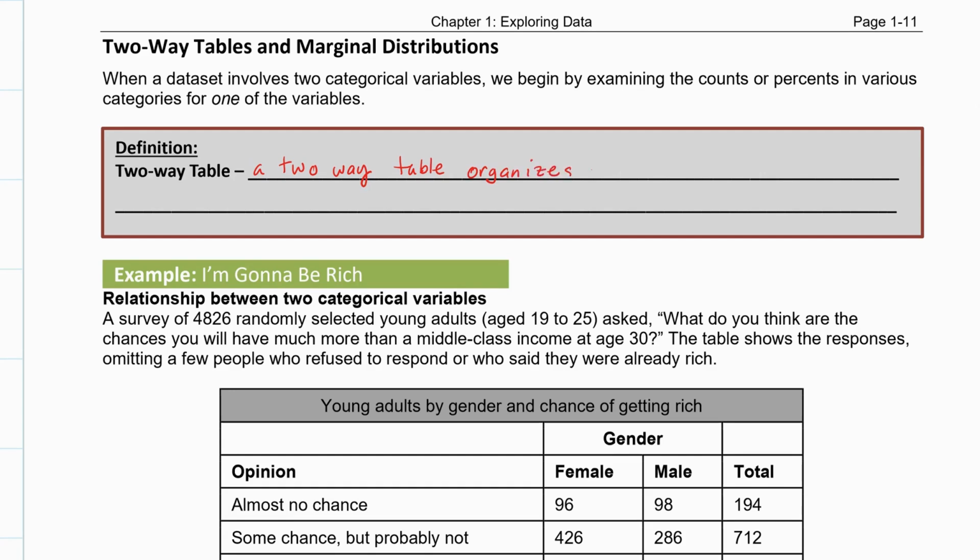It organizes data from a single data set, which means there's a collection of individuals, looking at two different categorical variables.